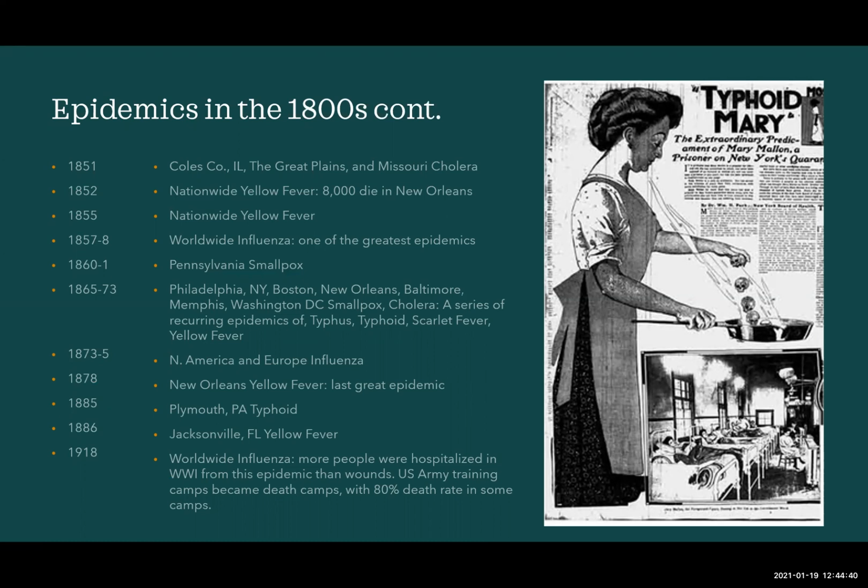She didn't know she was a carrier, but she was also the cook, so she easily transmitted the disease. And she denied that she was a carrier for a long time. Finally, towards the end, they ended up arresting her and putting her on an island off of Long Island, where she spent the rest of her life.